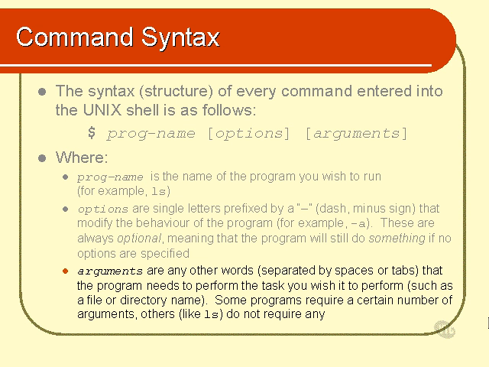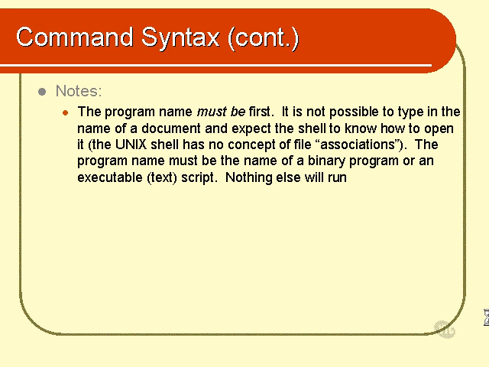Let's look into that in a little more detail, some notes about all that. It is absolutely imperative that the name of the program be first on the command line. It's not possible to type the arguments or the options first. In particular, it is not possible to simply type in the name of a document that you're trying to open. You can't just type in accounts.doc. The shell would not know what to do with that. Incidentally, if you're familiar with Windows systems, Windows has file associations.